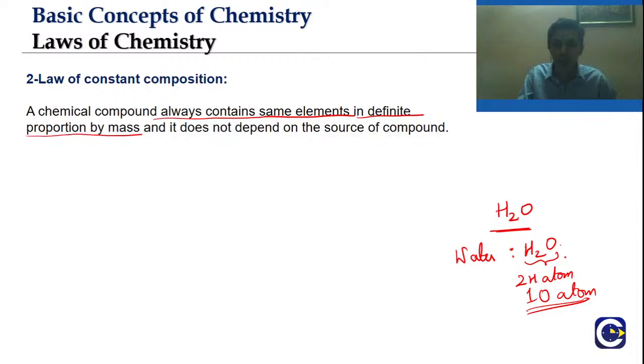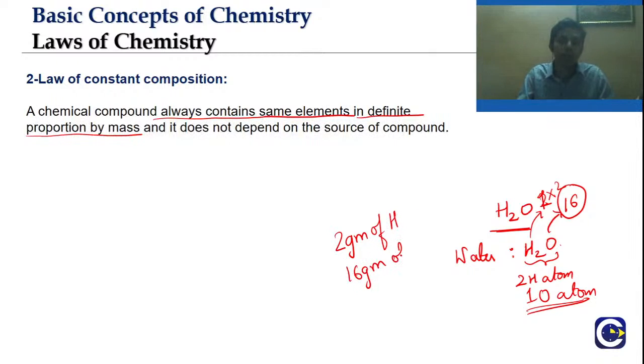As you can see here, oxygen atomic mass is 16 and hydrogen atomic mass is 1, but since 2 are there, into 2. So in water, if 2 grams of hydrogen is there, 16 grams of oxygen will be there. That's what they are saying. It will be in a definite proportion by mass, and it does not depend on the source of the compound.